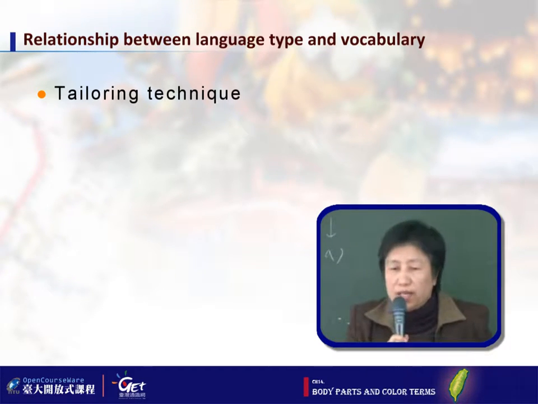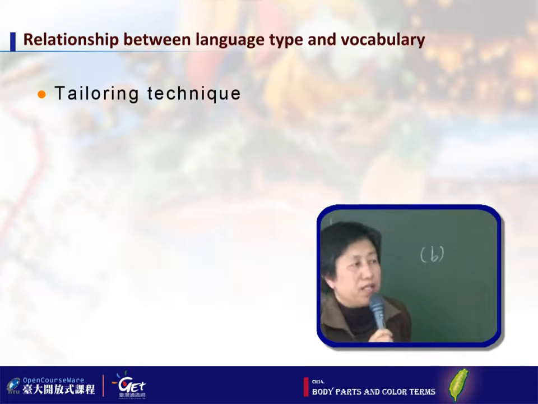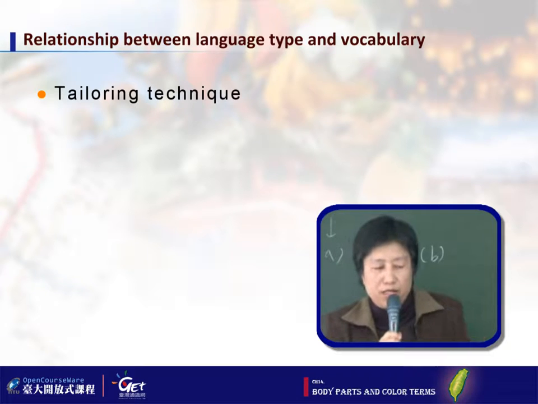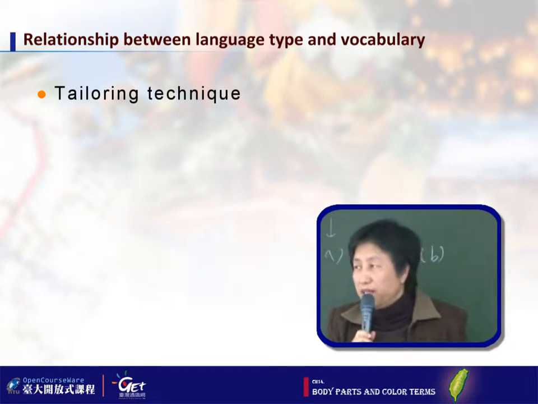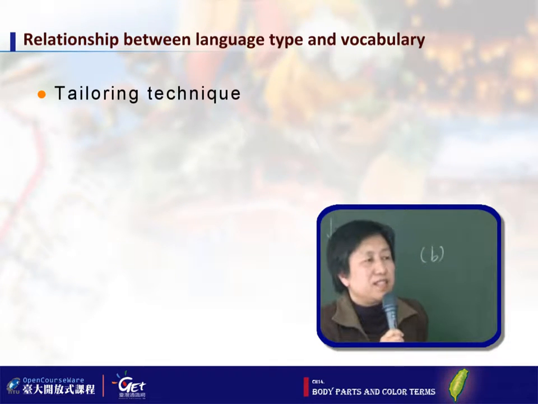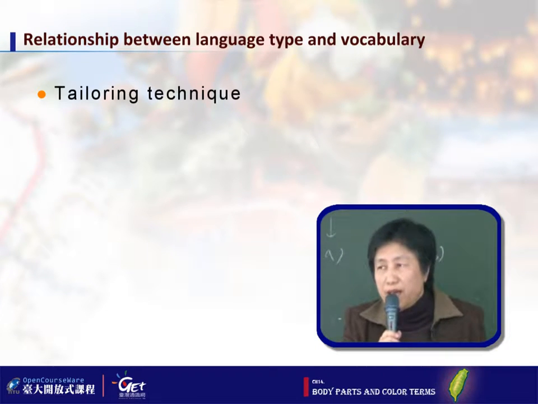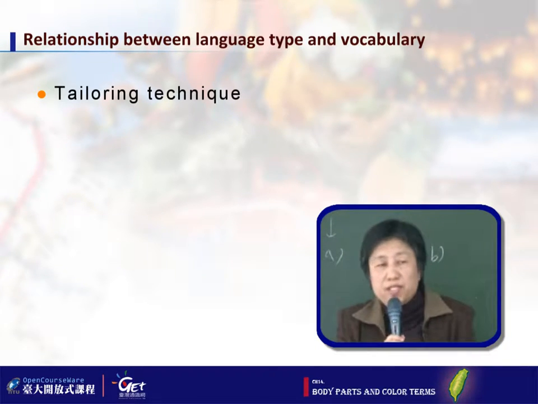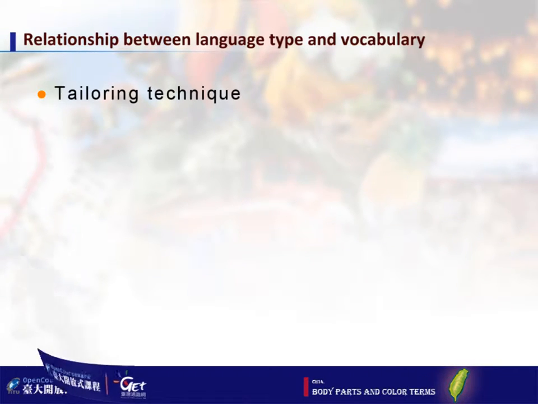So again, using this cultural explanation to explain why certain languages would have polysemy, hand and arm meaning a lot of different things, and other languages have hand and arm separately, because there is a need for this cultural expression.